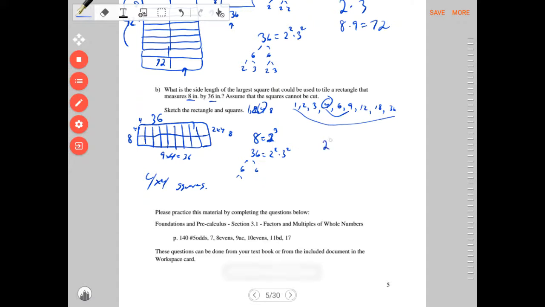So 2 and 3. The numbers that are the same in both lists, so that's just the 2. They're the same in both lists, and we take the smallest exponent of them. So 2 cubed, 2 squared, the smallest exponent is that. So the GCF is 2 squared, which of course is 4, which is what we figured out. So you can do it both ways, and it's not that bad once you get the hang of it.